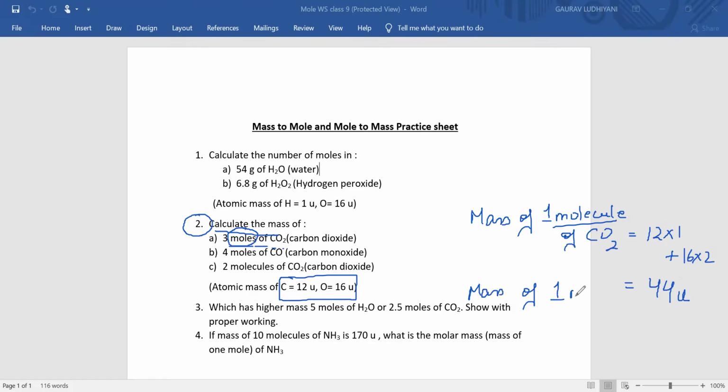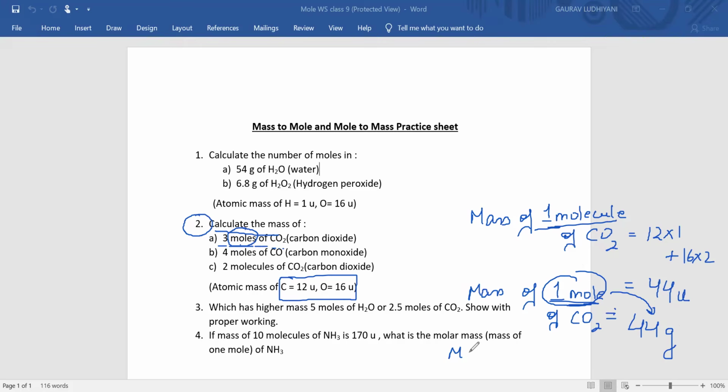So tip and trick number 1, the calculation remains the same. So since it is 1 mole, earlier it was one molecule, 44 u, 1 mole will be 44 g. And now simple unitary method, they're asking for 3 moles. So mass for 1 mole, I know. 1 mole is 44.